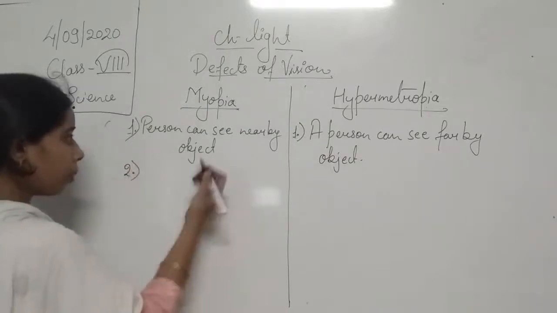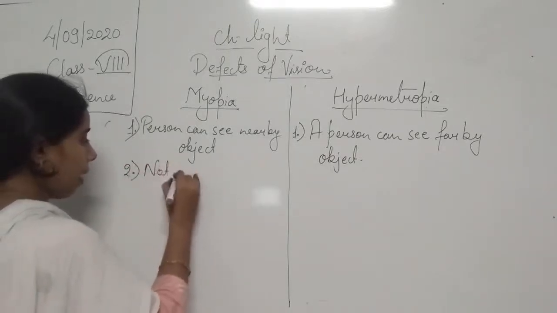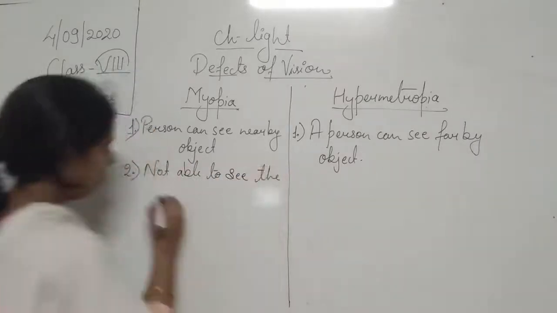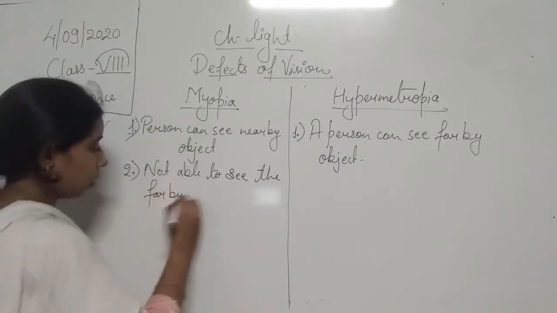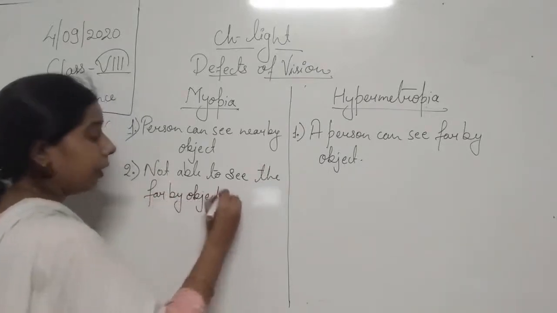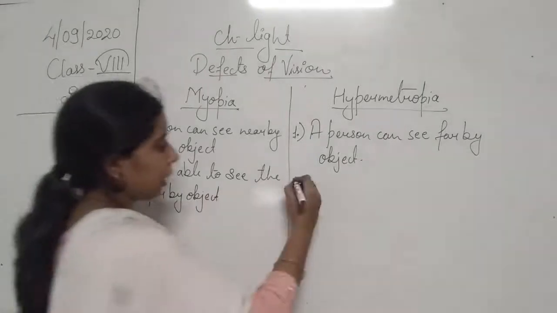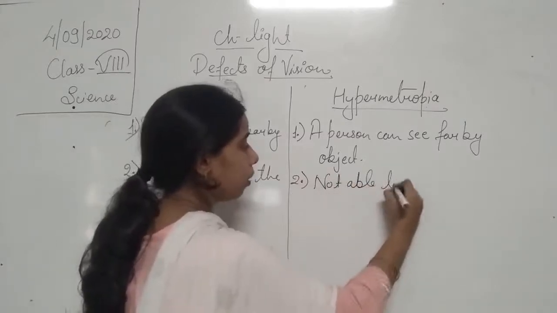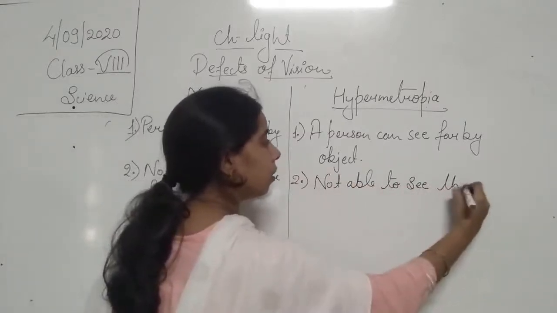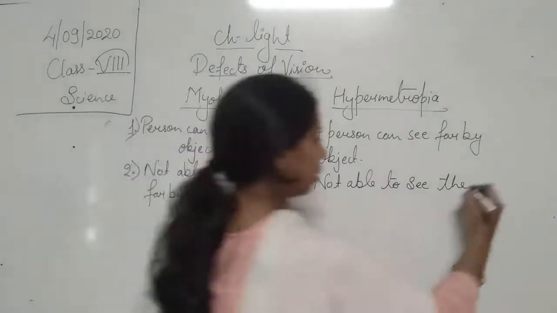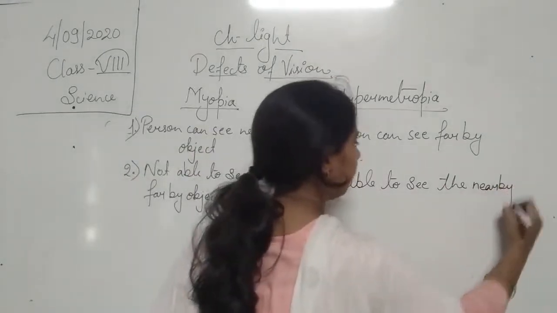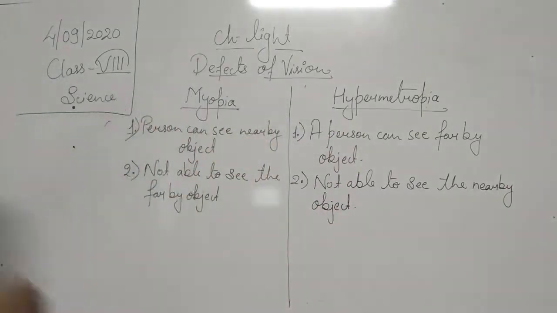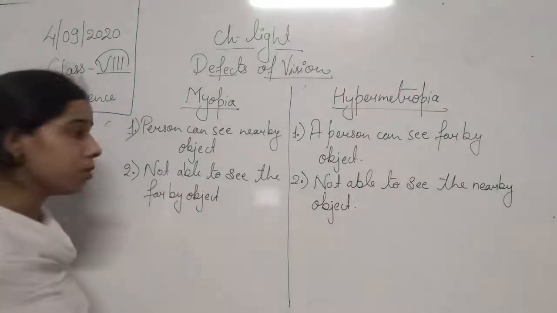Second, you can write just opposite, not able to see the faraway object. Here just opposite to that, students. So you can write in this case, not able to see the nearby object. So in one case it is able to see the faraway object, in the other case it is not able to see the nearby object.